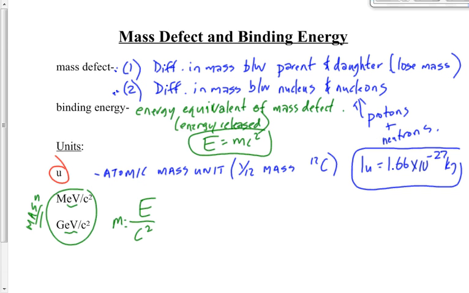Everybody take a look at your data sheet right now. The back side of your data sheet, bottom right-hand corner. Near the bottom right-hand corner, it has this heading called First Generation Fermions.